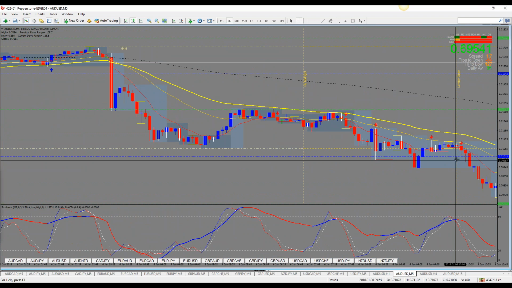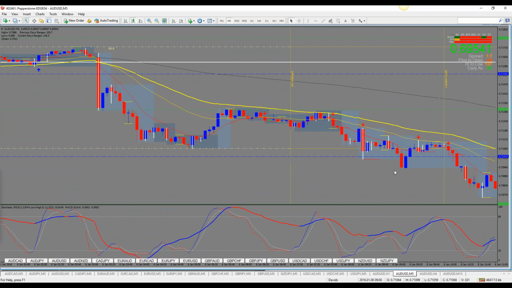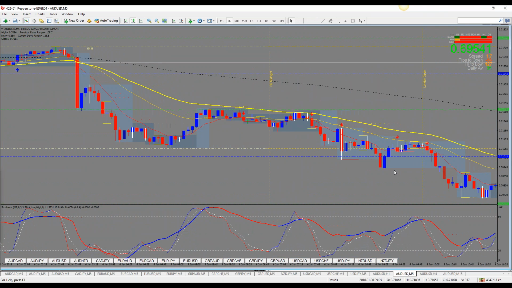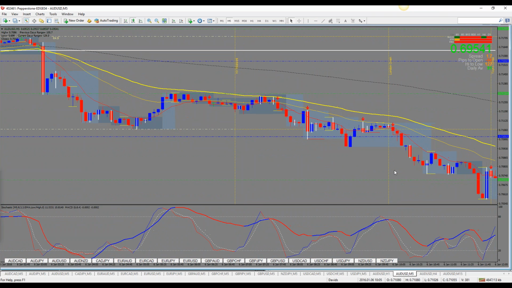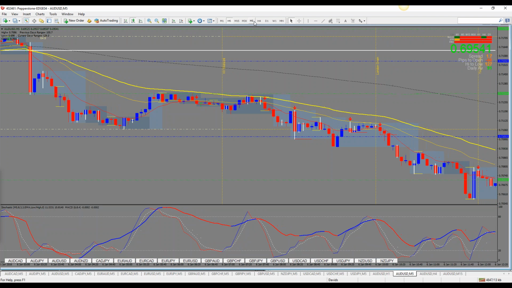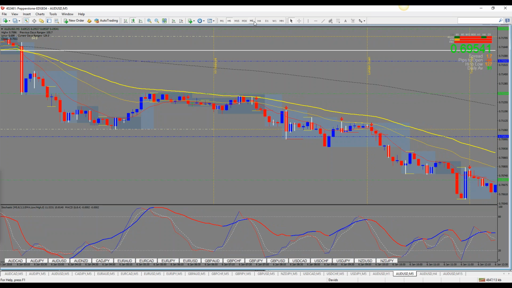Got a signal to go short here. I'll just mark it. All right, so I'm not in yet. I'm in now. This is Tokyo. So I missed that trade, but that's about half an hour there.